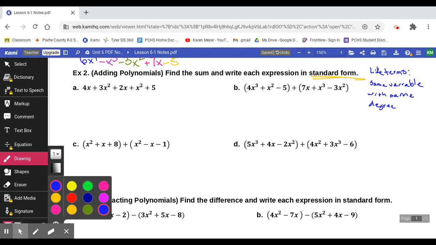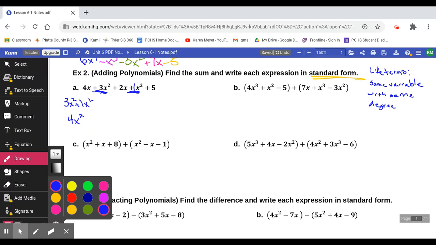All right, so once again, scan the problem for the highest exponent, which is x squareds. Are there any other x squareds? And you're going to say yes, so I'm going to underline both of those here. So positive 3x squared plus 1x squared. Add your coefficients together. So if I take 3x squared plus 1x squared, 3 plus 1 is 4x squared. Now you're going to notice I didn't change the x squared part.